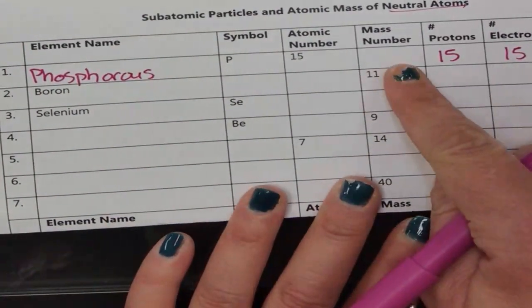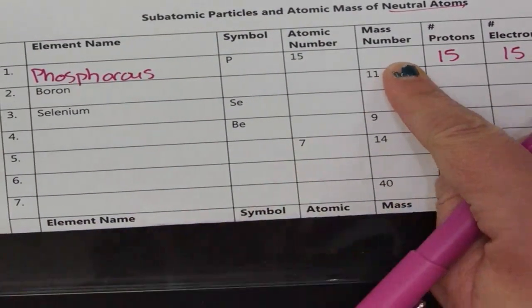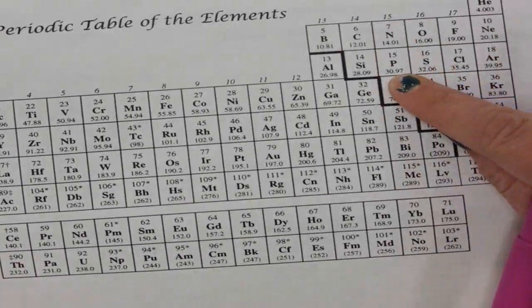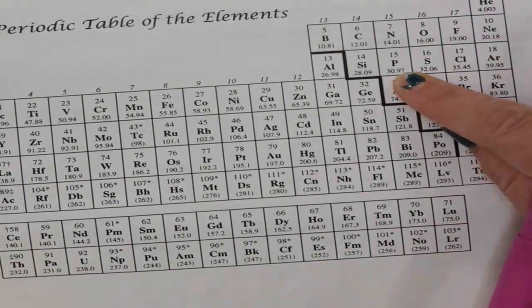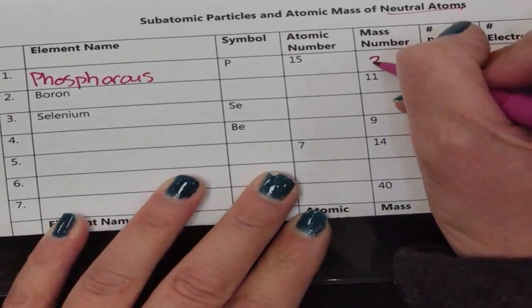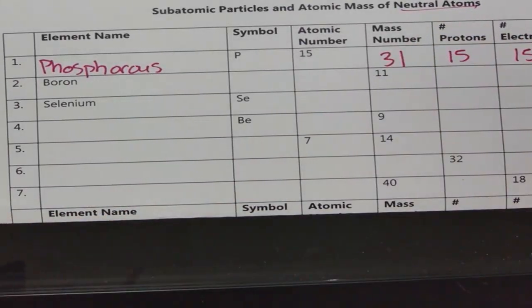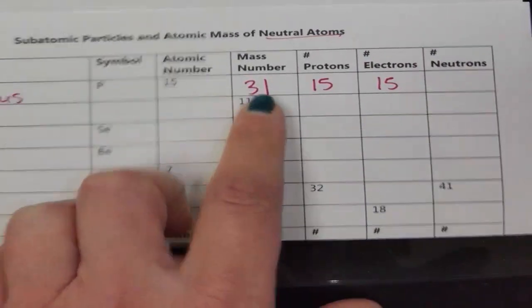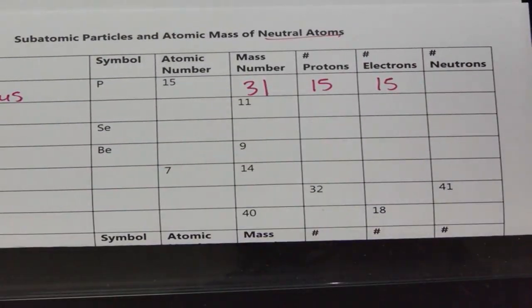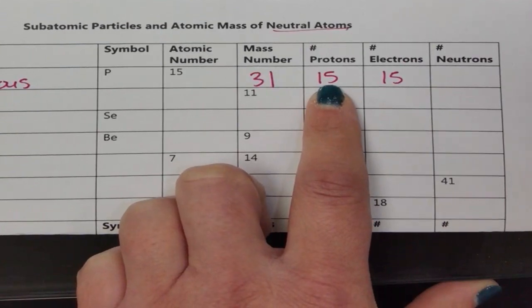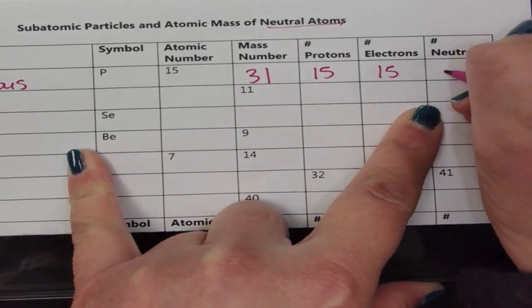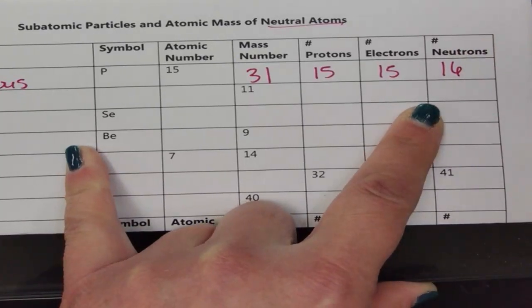All right, and our mass number. The mass number of phosphorus, according to the periodic table, is 30.97, so that rounds to 31. To find the number of neutrons, I am going to take the mass number, 31, and subtract out the number of protons, which is 15, to give me 16 neutrons.